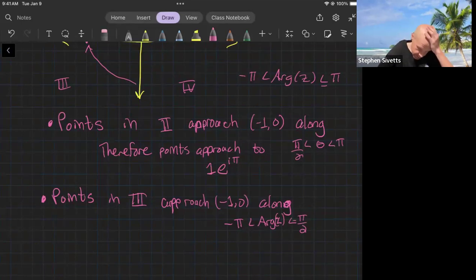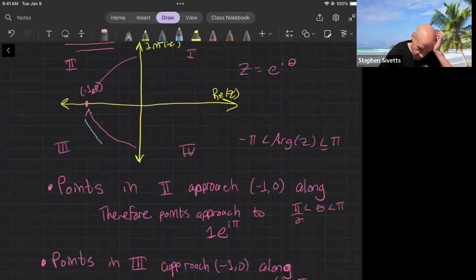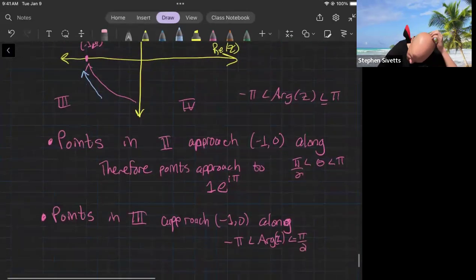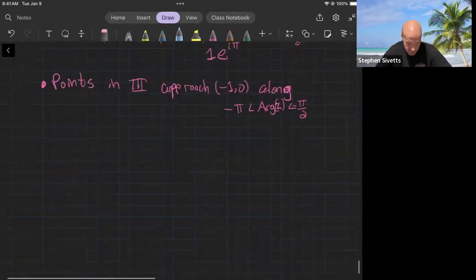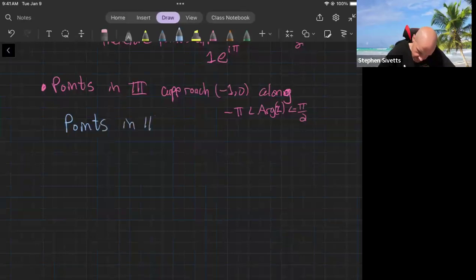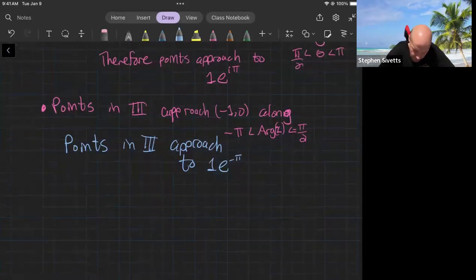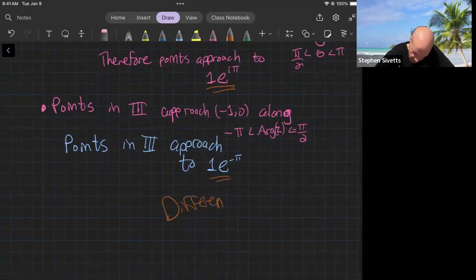So the points in the third quadrant will approach this way. That's clockwise. So that means the points in polar coordinates approach 1 e to the minus i pi, right? And so these values here will be different. They don't equal each other.